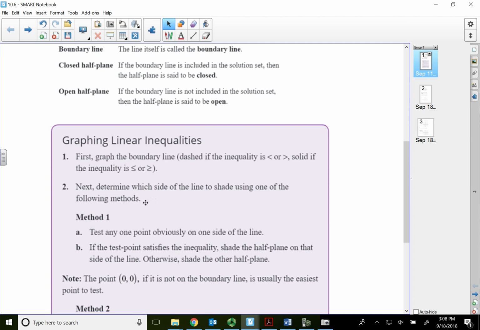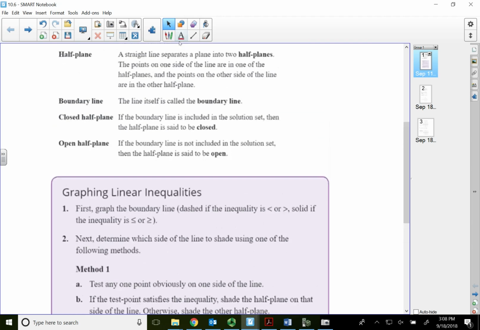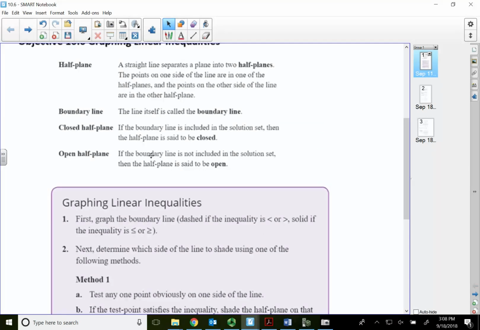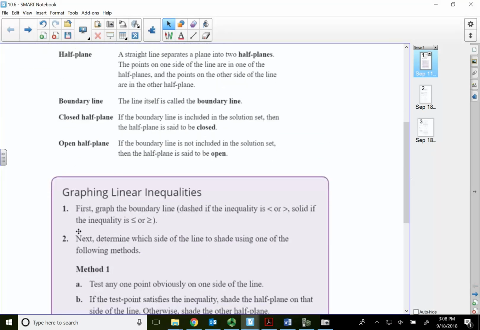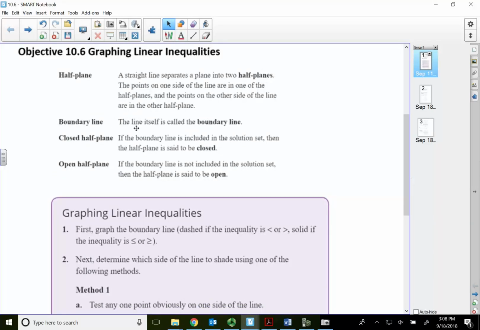Next, determine which side of the line to shade, using one of the following methods. The line we are drawing is the boundary line. We have a lot of points in either half.